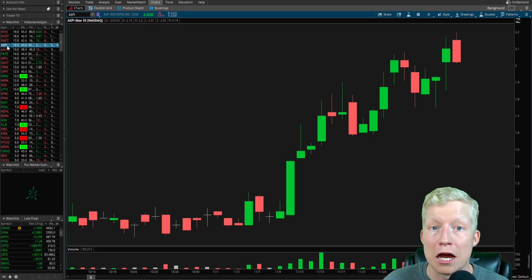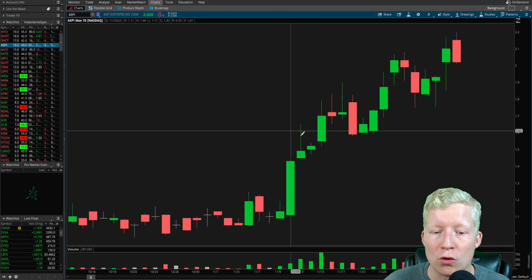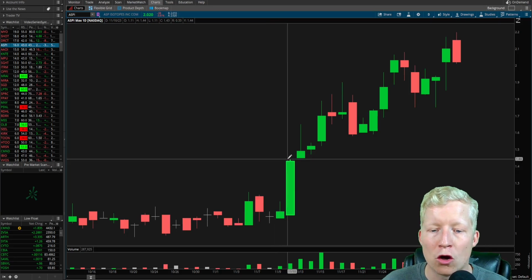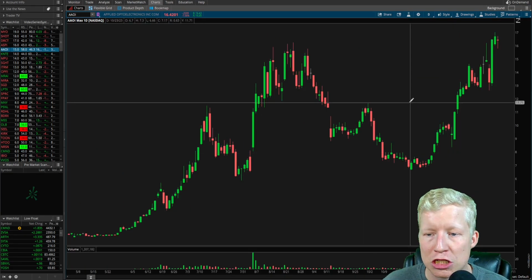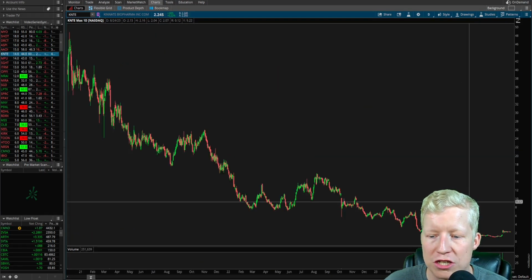So essentially, the number of days that a low float stock has been over 10 on the percent change. So these are the stocks that have been the strongest for the longest. But these are the kind of stocks that we're getting returned by our scanner now.